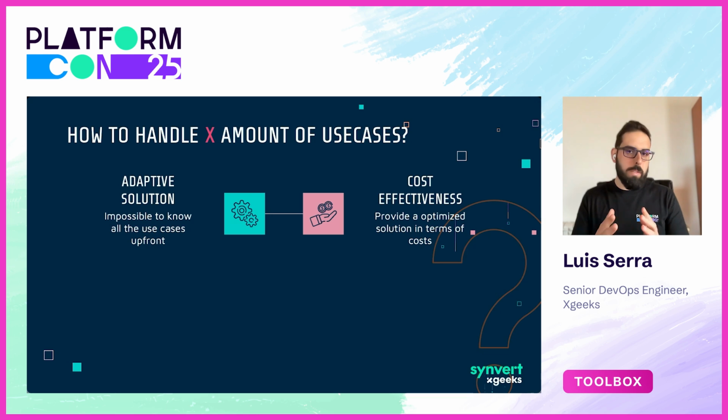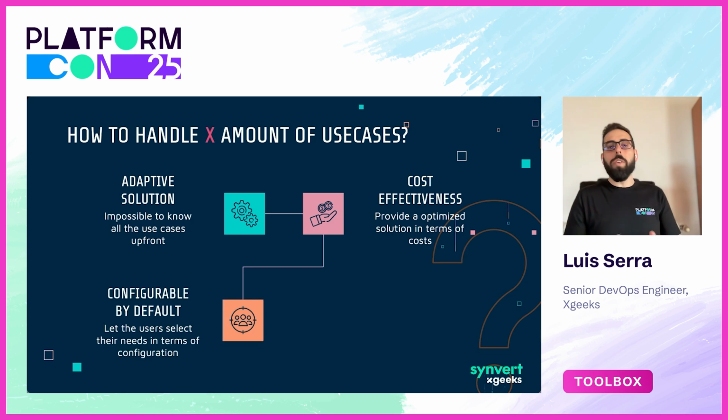Cost effectiveness, especially in cloud native environments. This is a very important characteristic or requirement to have in mind, because costs can quickly escalate to very big numbers. Configurable by default, so the users or the teams are the best ones to know what they want, right?